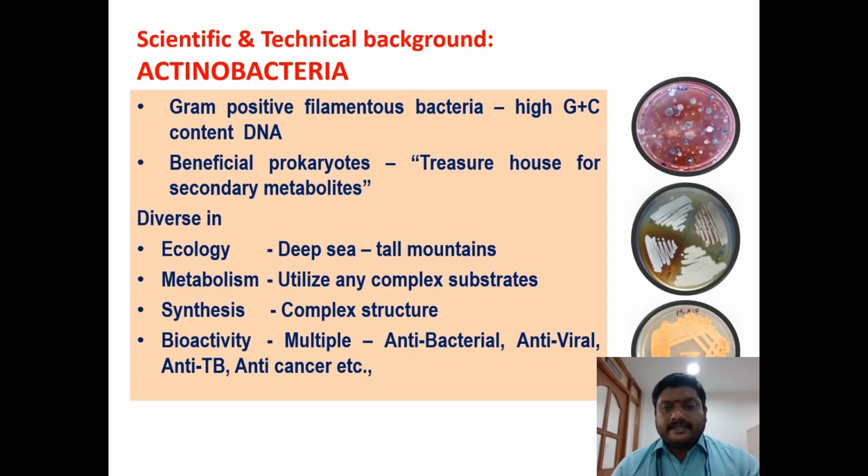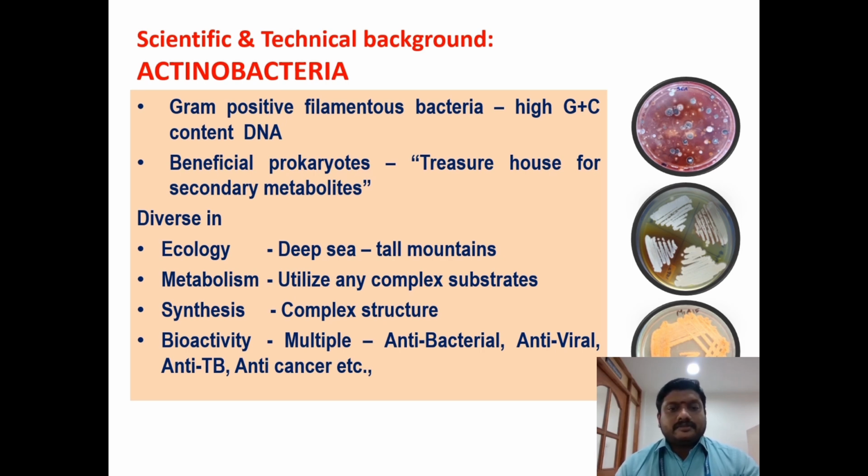So actinobacteria are gram-positive filamentous bacteria. They are rich with high G plus C content. It is a beneficial prokaryote, and it is the treasure house for the secondary metabolites in terms of antibiotics, and it is mainly present in deep sea, tall mountains and soil, and especially extreme ecosystems.